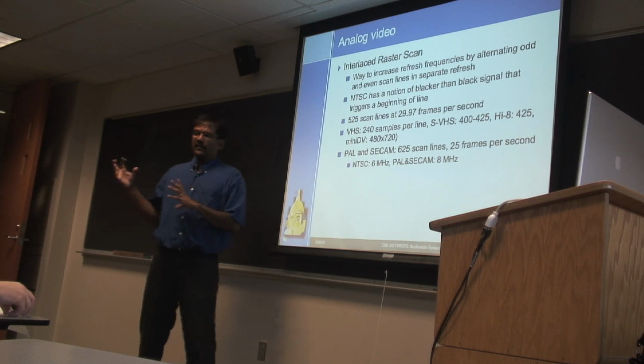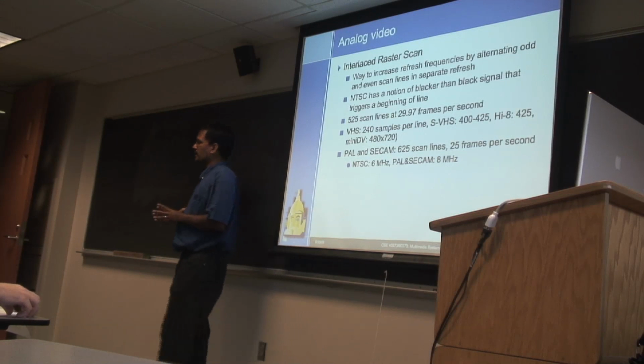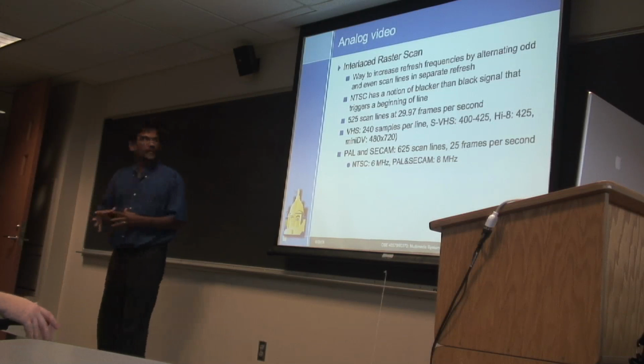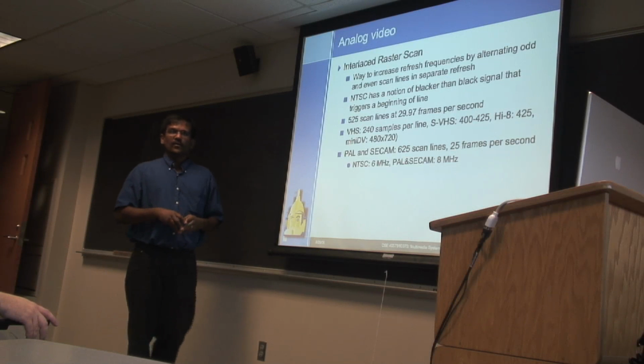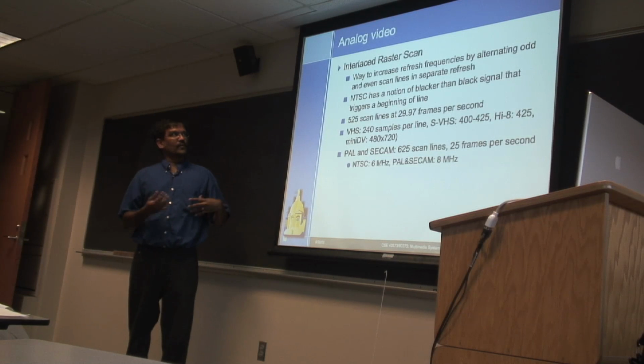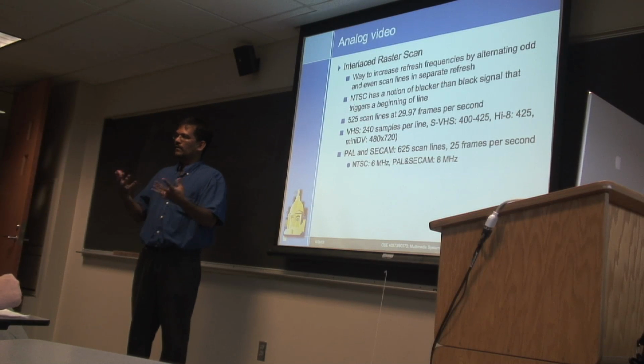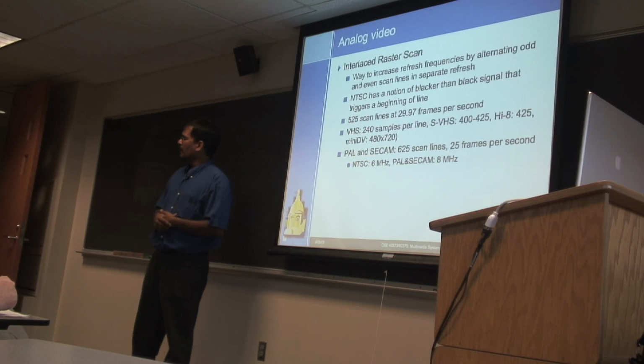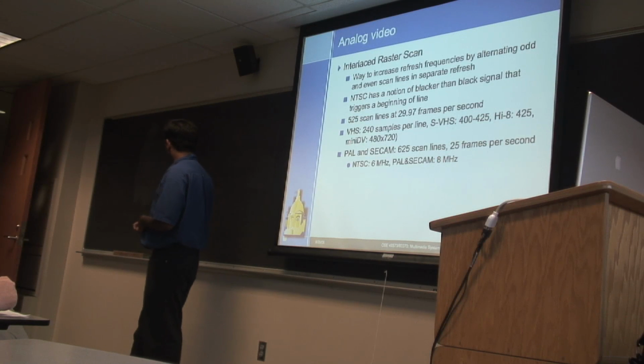So going back to the analog video, which is the NTSC TV that we've been seeing for a while, right? The TV signal there is interlaced. Essentially, back in the days, they couldn't really send a good level of data, so the signals are interlaced.